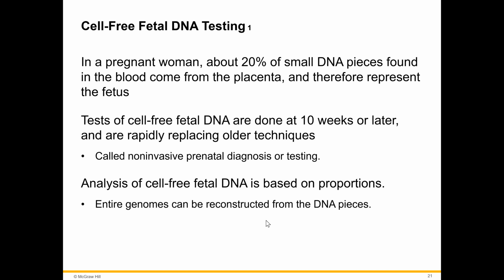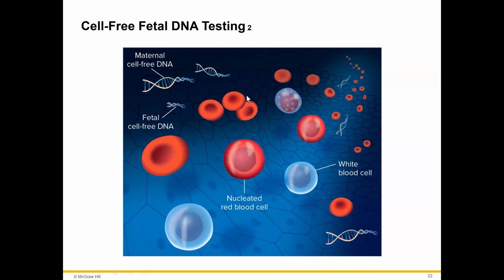And so here's the next slide. This is mother's blood inside the blood vessels, right? You have plasma, white blood cells, red blood cells, and you have some DNAs over here. They're free DNA, cell-free, so they're not inside the cells, they're just in the plasma. You have maternal cell-free DNA and fetal cell-free DNA that came from the placenta.